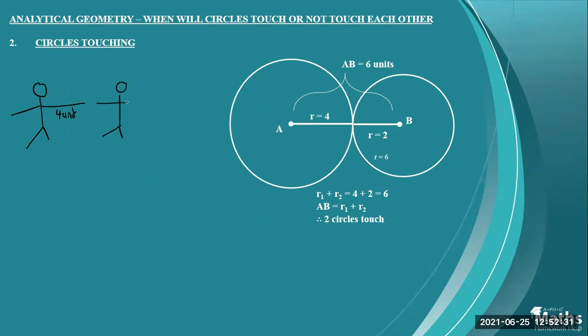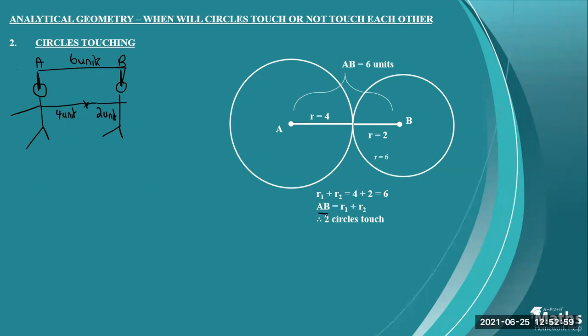So this person has an arm length of 2 units. So there are the two hands. And let's measure the distance from the midpoint of this guy's body to the midpoint of that guy's body. And it's 6 units. So thank goodness they're going to touch each other so this guy can help the other one.